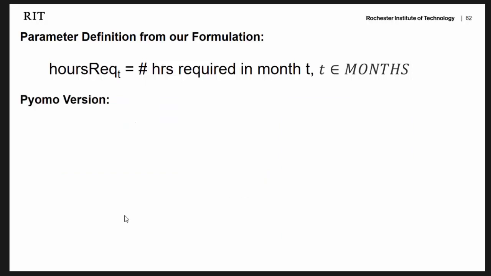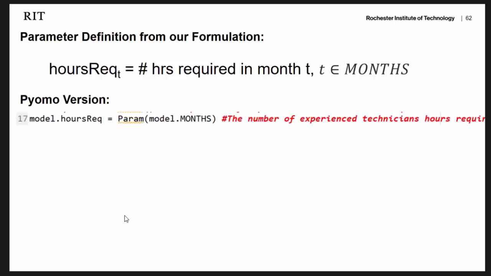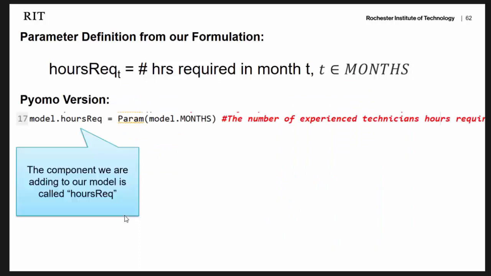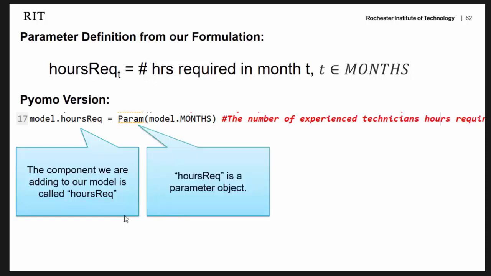If we look at the Pyomo version of this, it looks something like this, where it starts off very similarly. We have model.hoursRec. This part basically says I want to add a component to my model, and I want to call it hoursRec. The hoursRec item that we're adding is a parameter object, so we're using that same Param function.